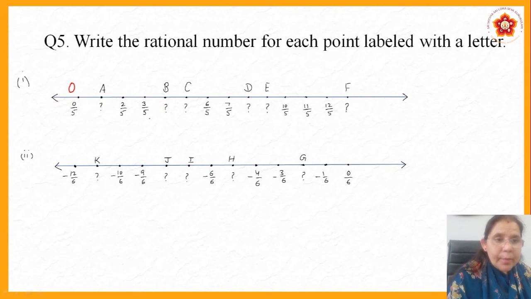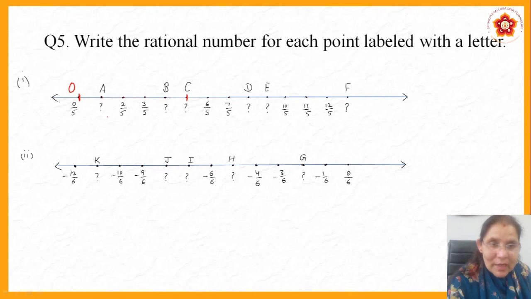Now they have already divided it into 5 equal parts. Now if I want to see where is 1, how will we find where is 1 and where is 2? 5 equal parts. First part, second part, third part, fourth part, and fifth part.